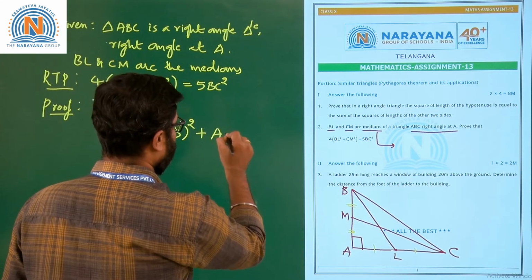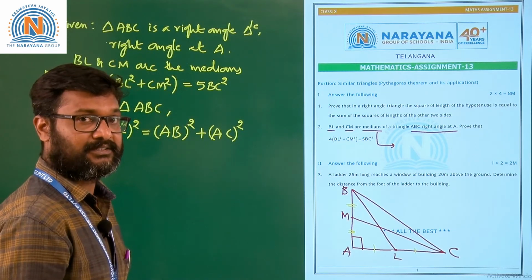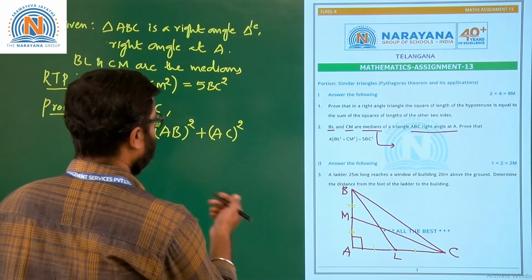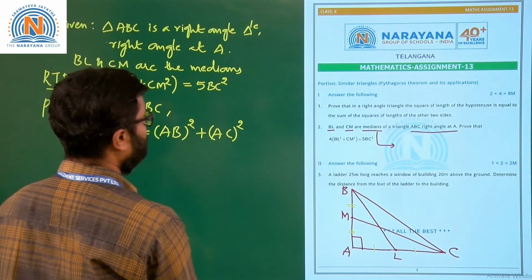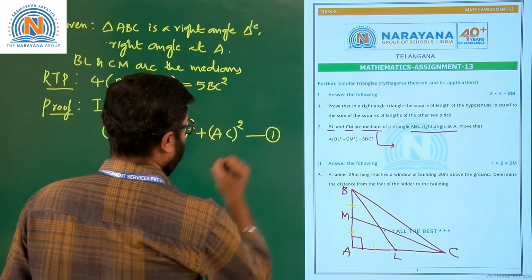That is, hypotenuse square is equal to the sum of the squares of the other two sides. Now this is the first equation.